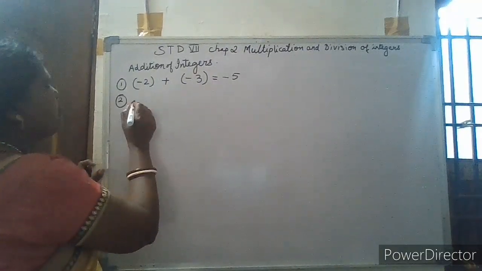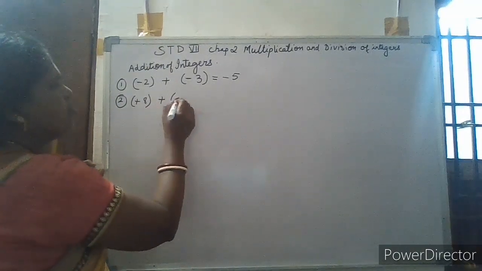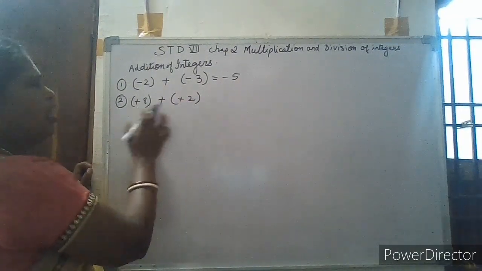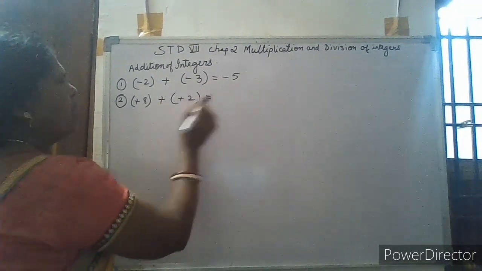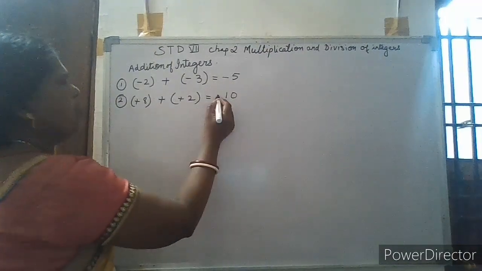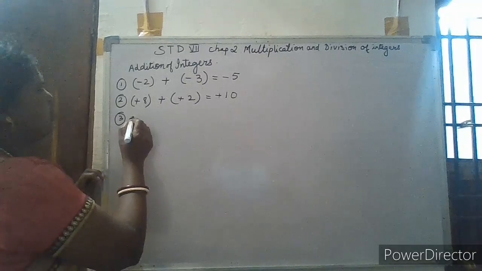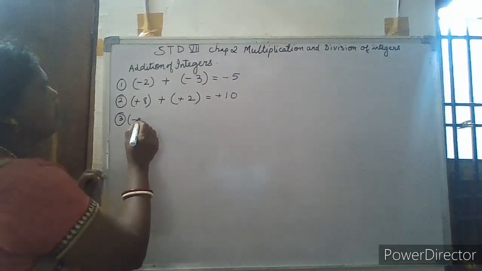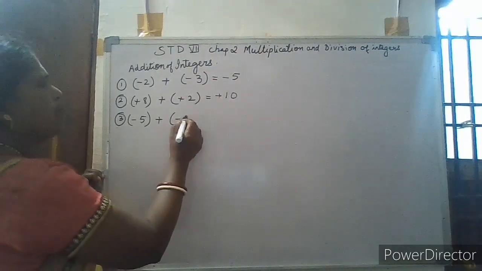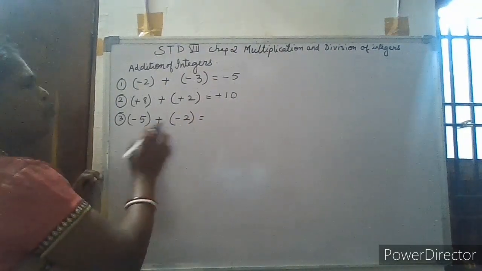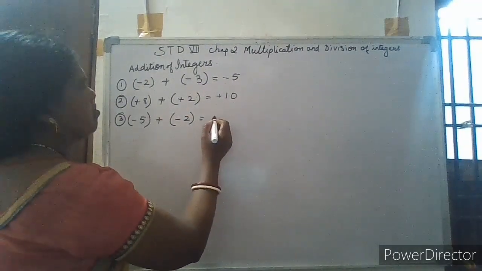Second example, suppose it is +8 plus 2. Again both the numbers have same sign. We'll add the numbers. 8 plus 2 is 10 and put the same sign. Third example, suppose -5 plus -2. Both the numbers have same sign. Add and put the same sign.